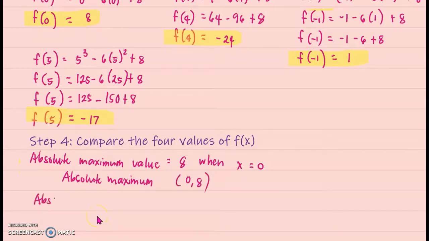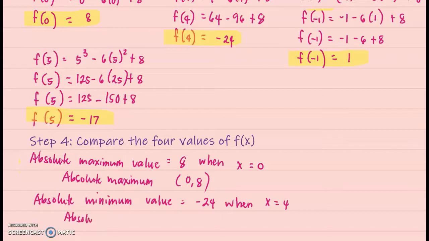And absolute minimum value is equal to negative 24 when x is equal to 4. So the absolute minimum is at 4 and negative 24.